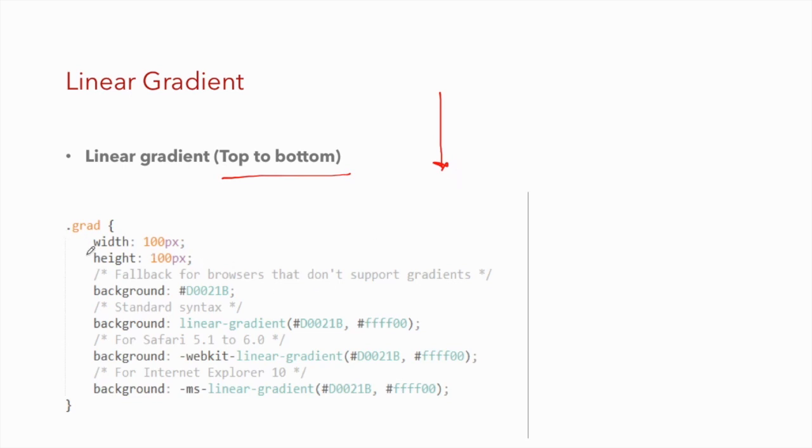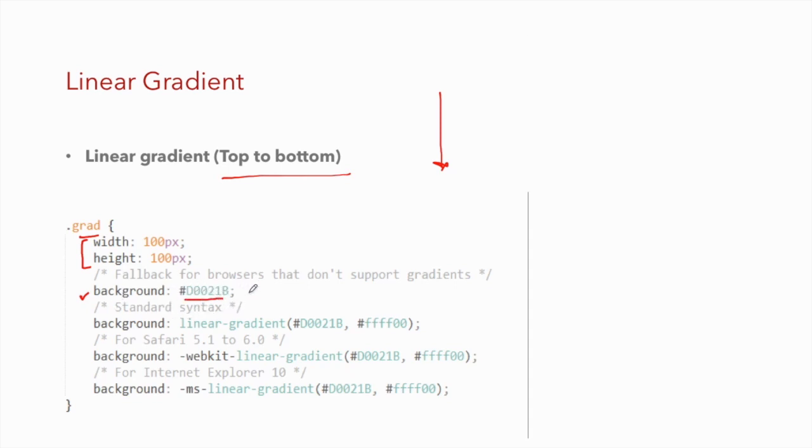In this example, what we are doing is, we have specified height and width to this particular class, and wherever this particular class is applied, that element will get a height and width of 100 pixels. And then the gradient is not something that will work in all the browsers. So we can have one fallback strategy wherein, in case the gradients are not supported, at least a fixed color will be displayed.